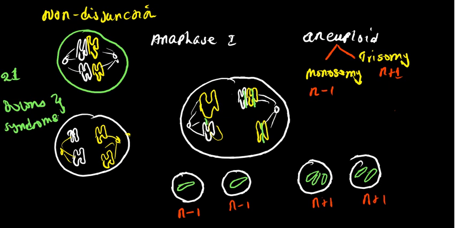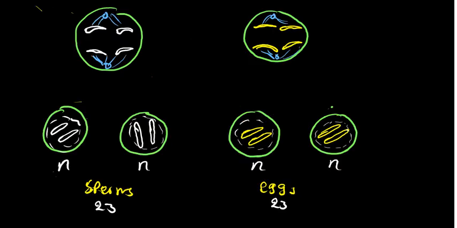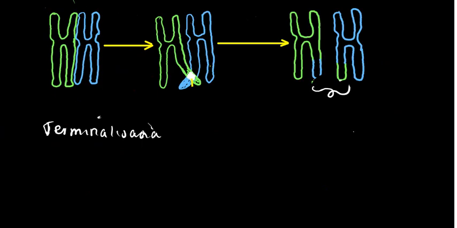Then instead of the sister chromatids separating at the centromere in Anaphase II, one chromosome is not going to separate. So what we'll have is non-disjunction.